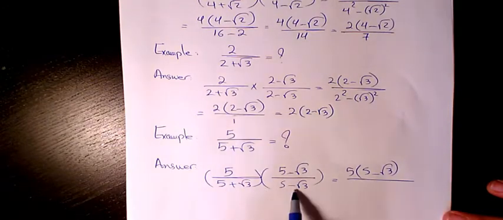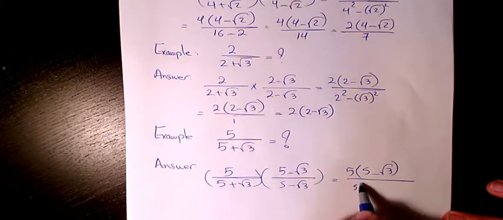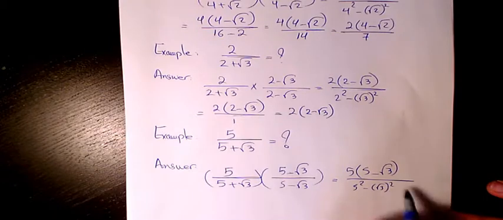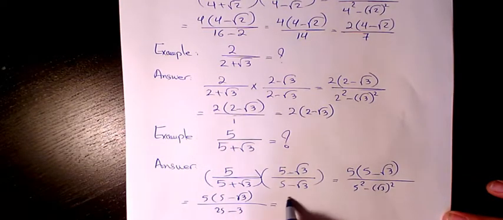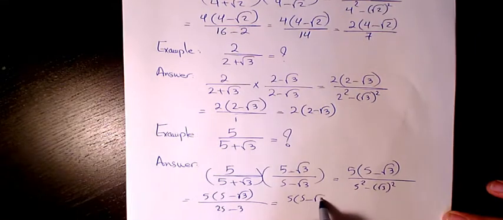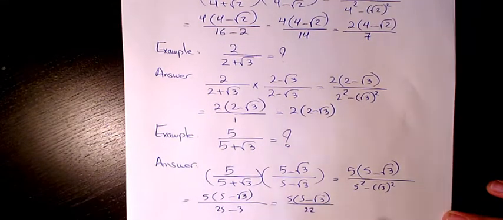And here we have difference of squares. It's going to be 5 squared minus square root of 3 squared, which is going to be 5 times 5 minus root 3. And here we have 25 minus 3. That makes it 5 times 5 minus root 3 divided by 22. And that's the final answer.